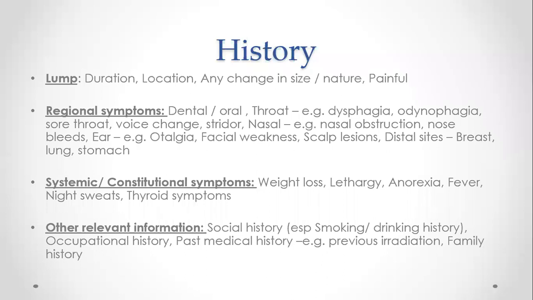I think in Burma, we should ask about betel nut chewing as well. And the occupational history, exposure to radiation in the past, and family history of cancer as well.